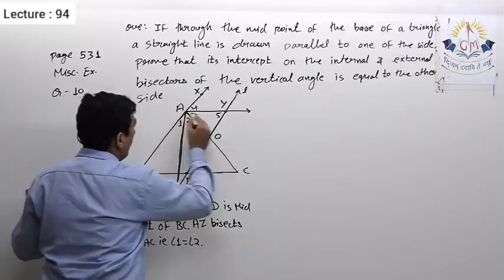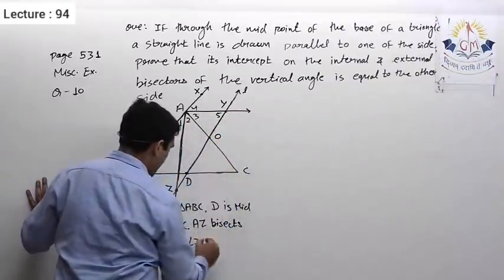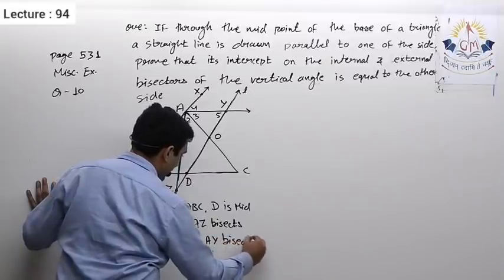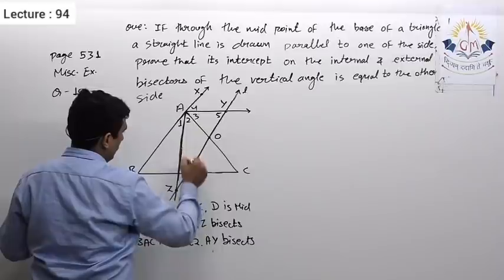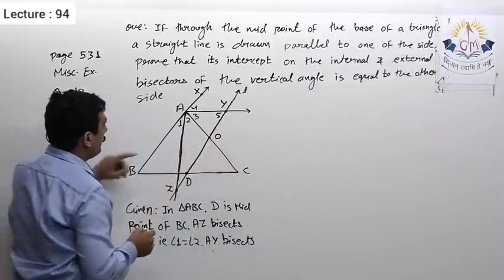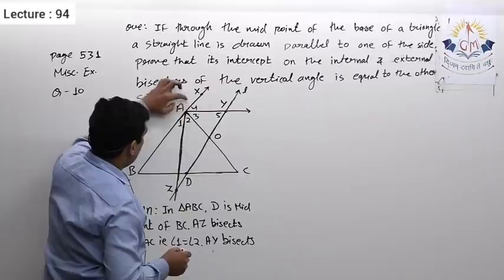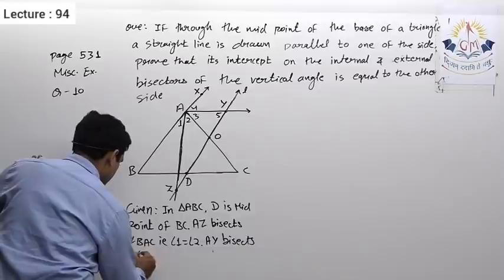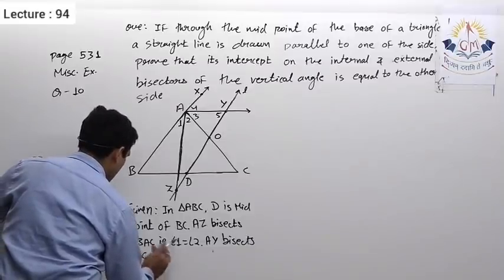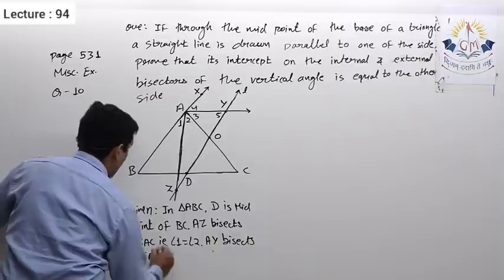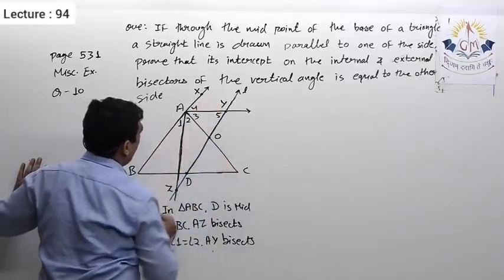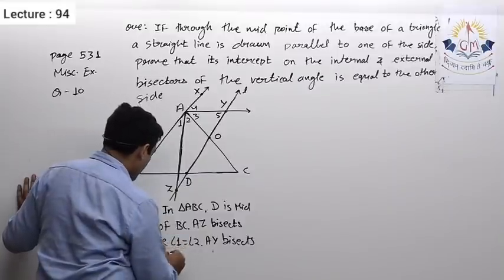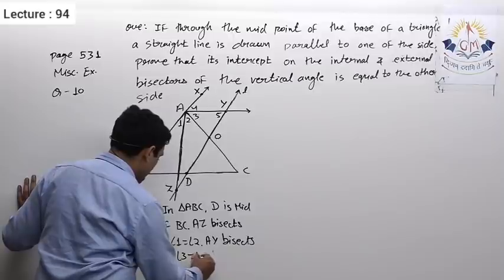Then AY bisects angle CAX, that is, angle 3 is equal to angle 4.